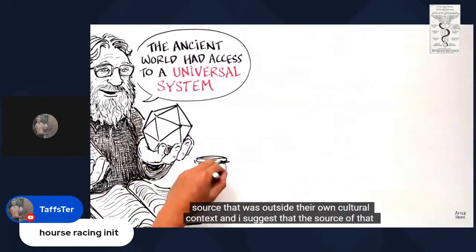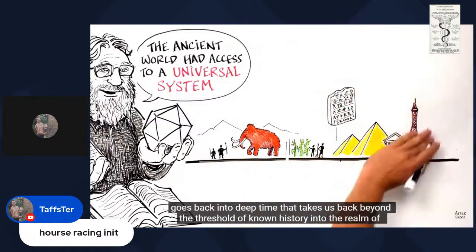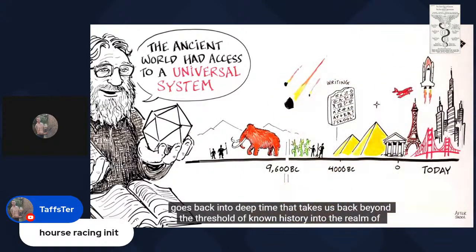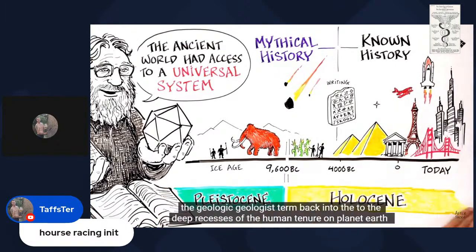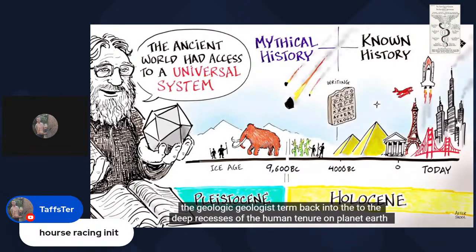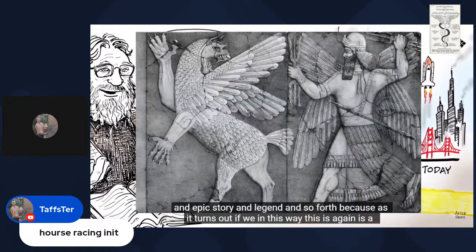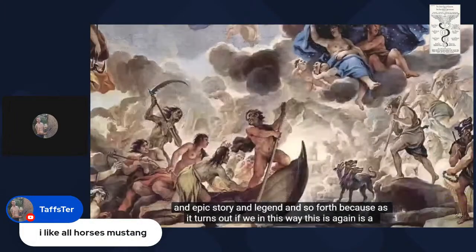And I suggest that the source of that goes back into deep time, that takes us back beyond the threshold of known history into the realm of mythical history, which means we're going back like into the Ice Age, back into the Pleistocene, to use the geologist term, back into the deep recesses of the human tenure on planet Earth, whose only memory has come down to us, not in the form of recorded history, but in the form of myth and epic story and legend and so forth.